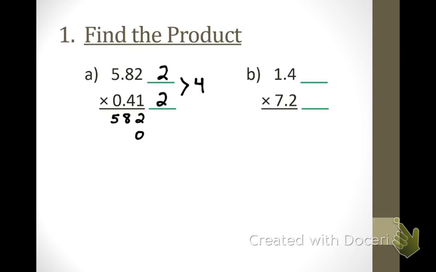And then what? 2. Put the 3 over. 25 plus 3 is 28. Okay, wait. 5 times 4 is what? 23. Plus 3? It's 23. Okay.